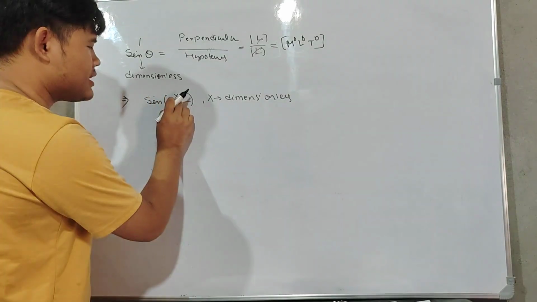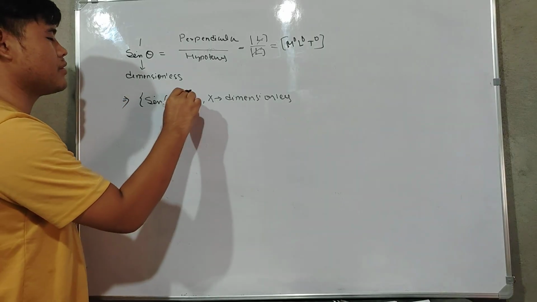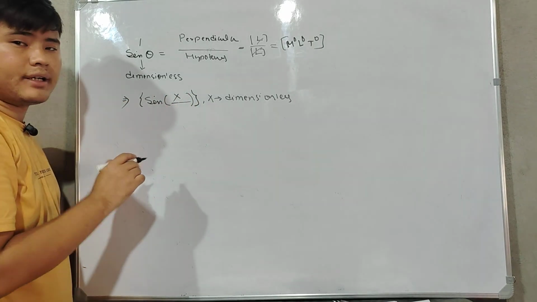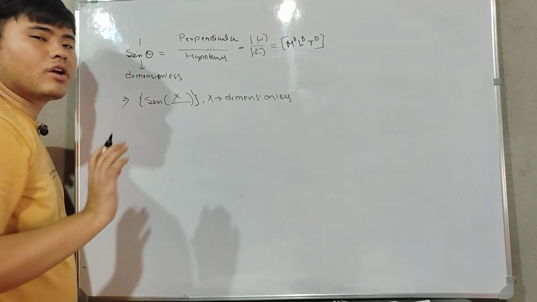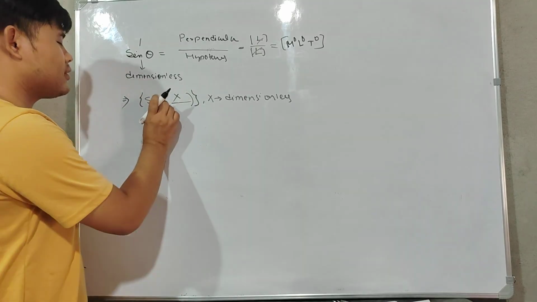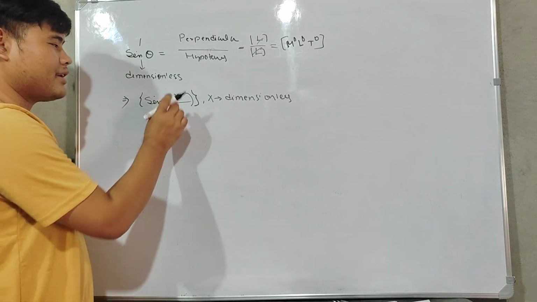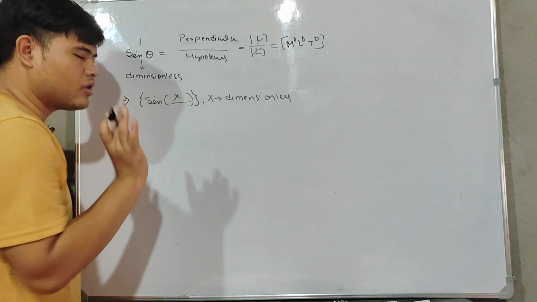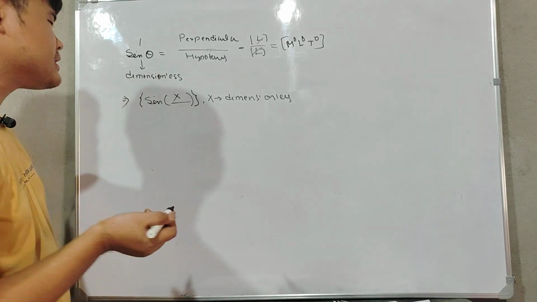So this x will be dimensionless means this as a whole also will be dimensionless, right? This sine x will also be dimensionless, whatever trigonometric function is there. Whatever trigonometric functions you get, whatever is there inside of it, instead of theta, whatever is there, that will be dimensionless, and as a whole also it will be dimensionless.